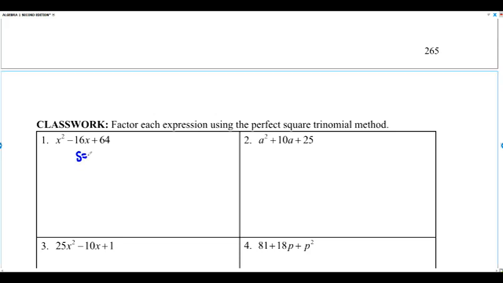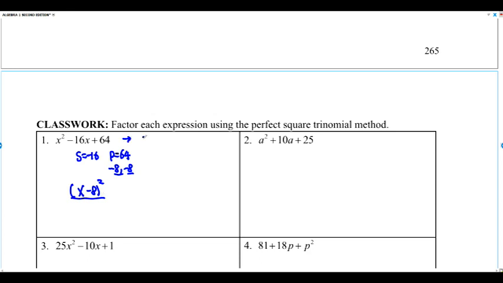Sum is negative 16, product is 64. The two numbers, we know, are both negative 8 and negative 8. They are equal numbers, so it can be x minus 8 squared. You can solve this, or you can quickly check: this is a perfect square trinomial.